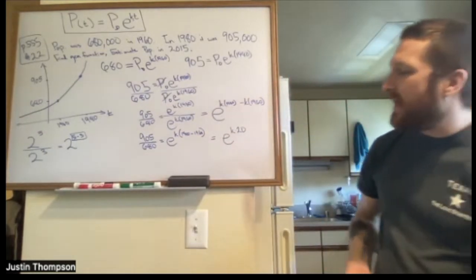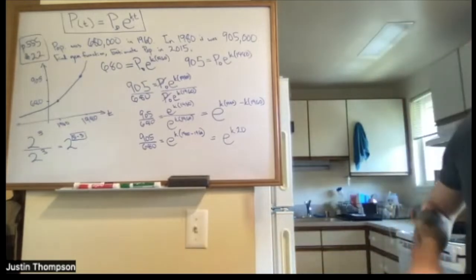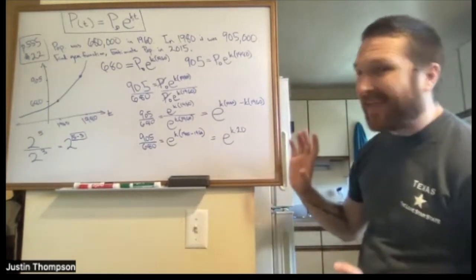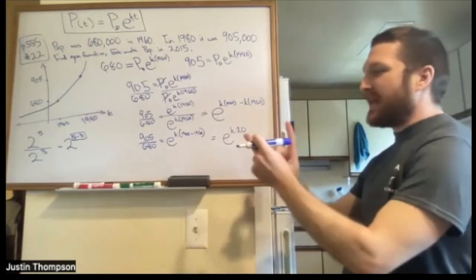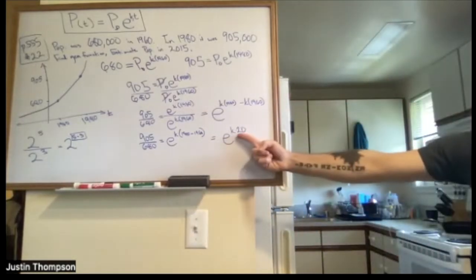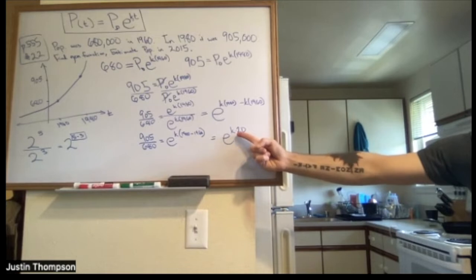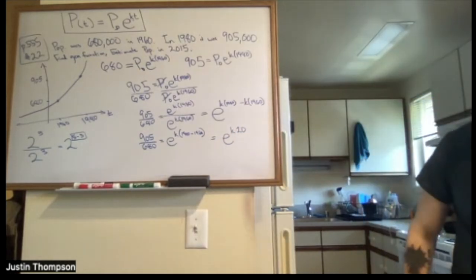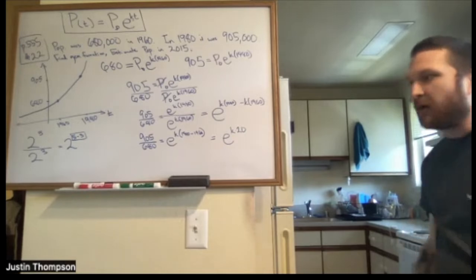All right. So now remember what I said at the beginning? We're going to be doing something a lot this class where we take the natural log of both sides. Why? Because the thing I'm trying to get by itself, in this case K, is locked up in an exponent. So we need to undo that by taking a log of both sides.